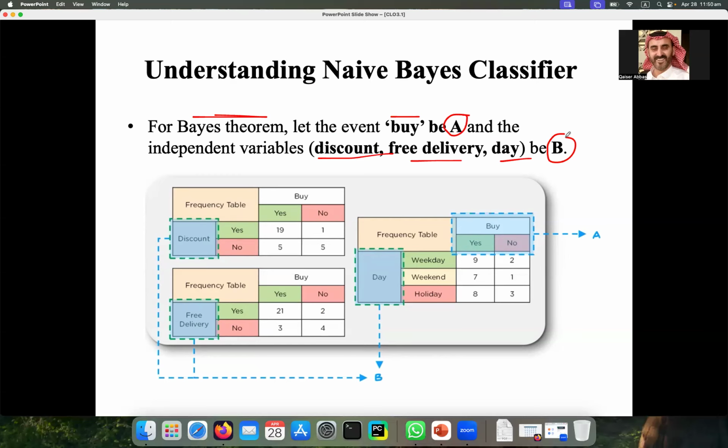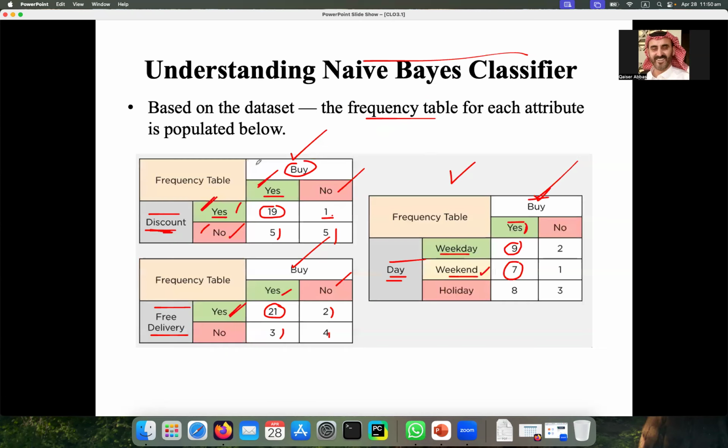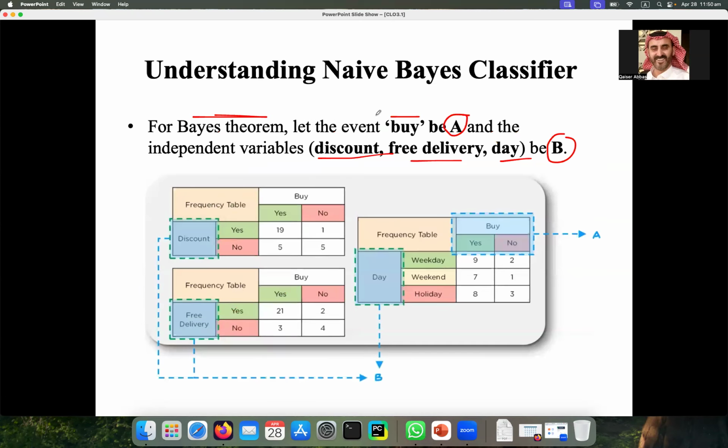And in the equation, we have A and B. So this purchase is A and all others are B. B are independent variables, and A is the dependent variable. Here we are saying discount, free delivery, and day are B, and this buy, we are saying it is A.